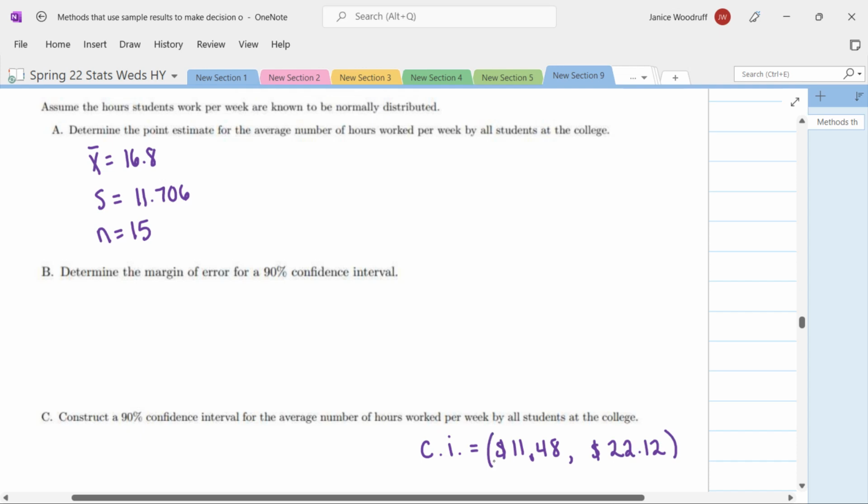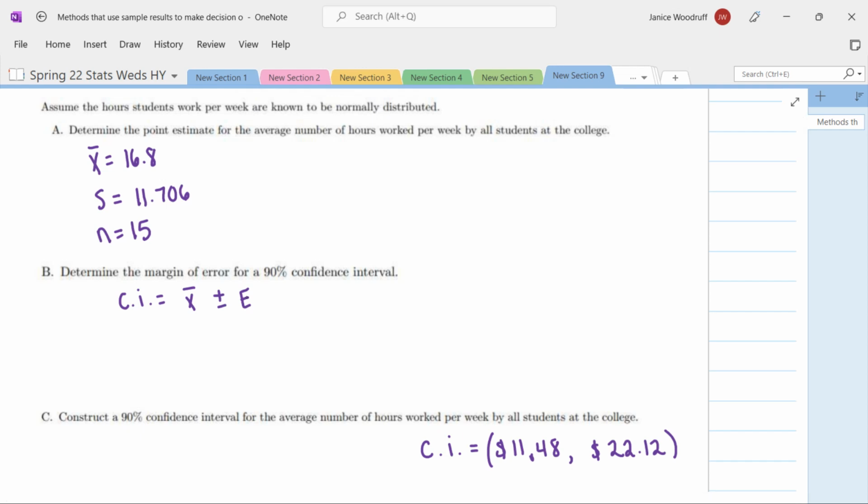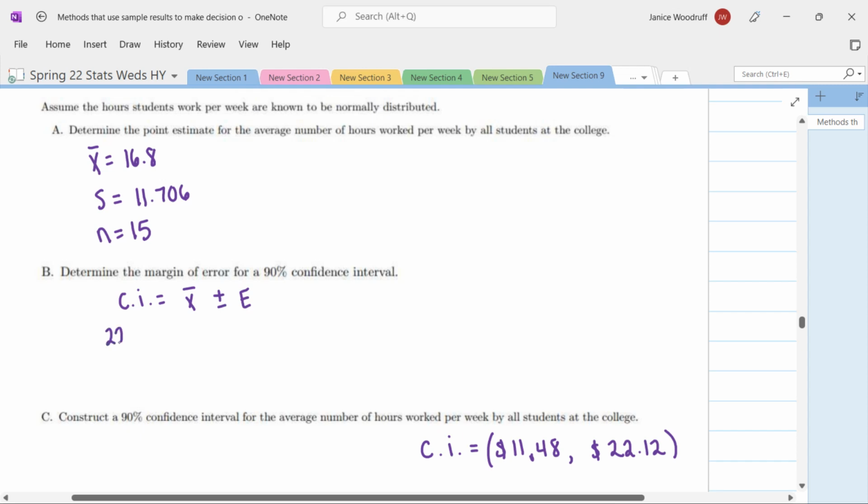Okay, now let's say you still need to answer the question about the margin of error. If you wanted to find the margin of error, just work backwards. You know that the confidence interval is X bar plus or minus the margin of error. Well, we know what the confidence interval is, and we know what X bar is. So we'll use the higher one, 22.12. X bar is 16.8.